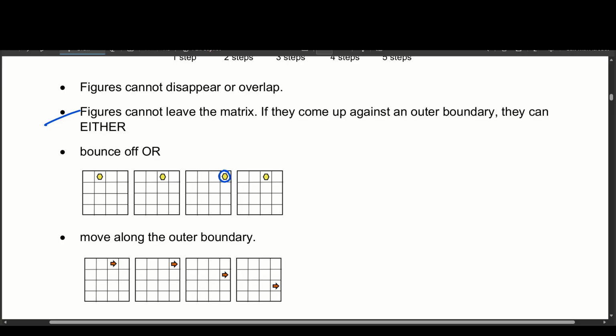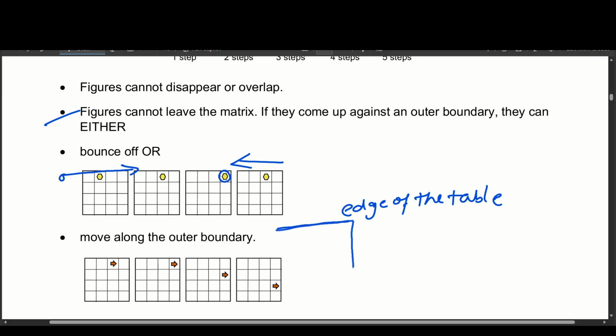For example, if you throw a tennis ball here, it will bounce back in the opposite direction. Or I have given the example of an ant. If an ant is moving ahead according to the edge of the table, it will move along the outer boundary like this.